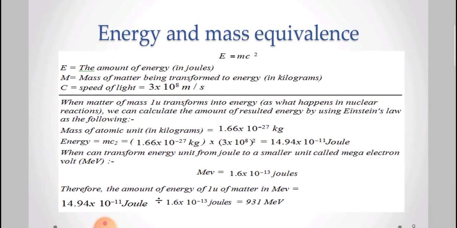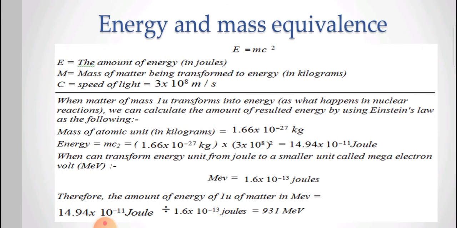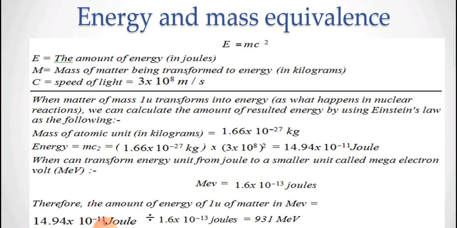So, E equals mc squared. E equals the amount of energy in joules. m equals the mass of matter being transformed to energy in kilograms. c equals the speed of light, 3 times 10 to the power 8 meters per second.